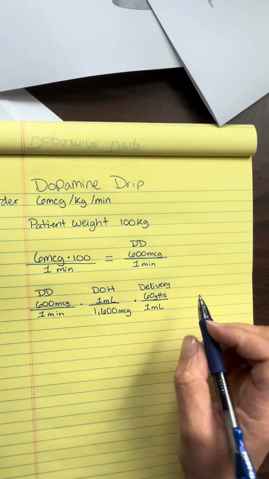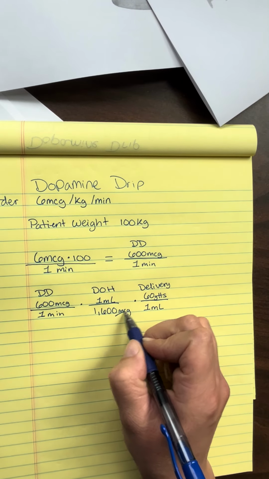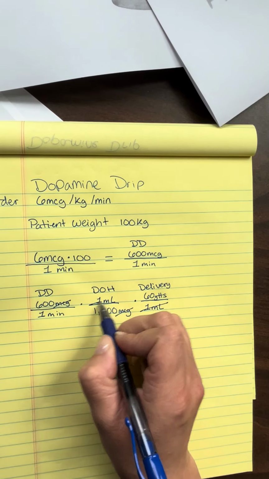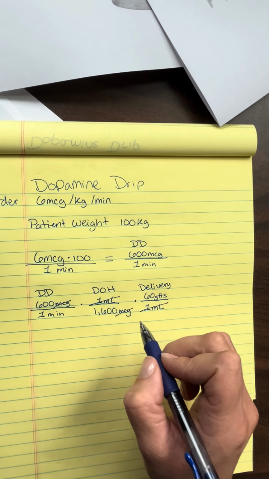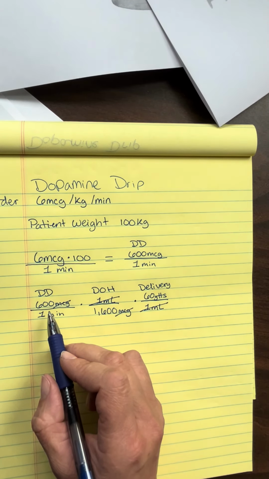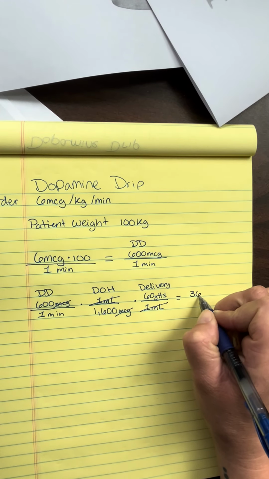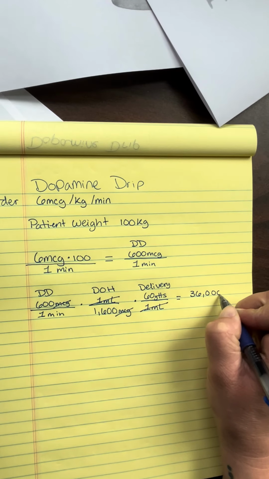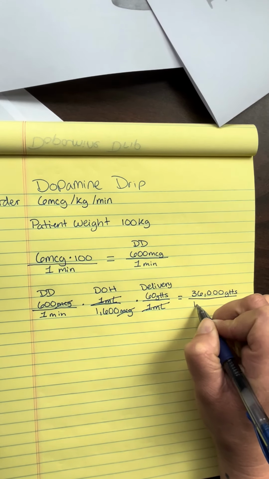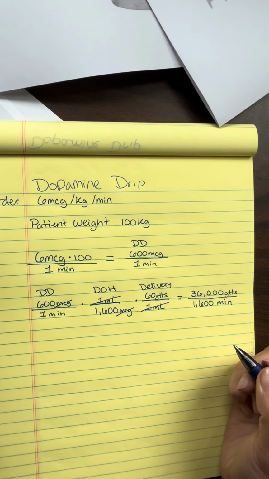And then we'll keep it there for now so we can get our answer in minutes. So we're going to cross cancel our micrograms, so our units are units. The milliliter, the 1 milliliter, that can completely go. And so now we are left with drips over minutes. So 600 times 60 equals 36,000 drips in 1600 minutes.